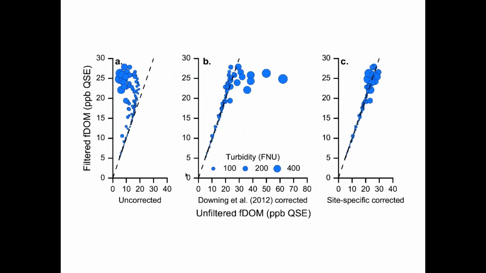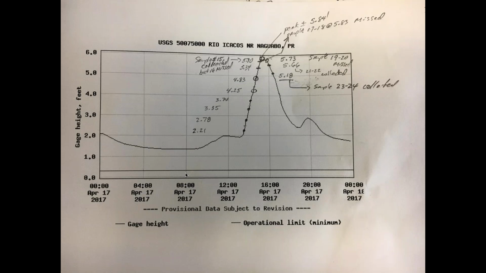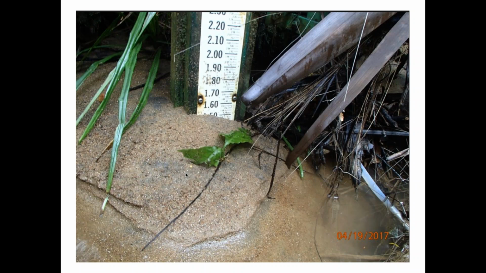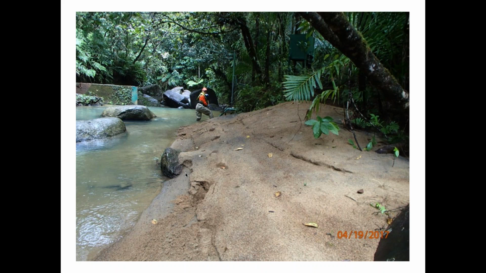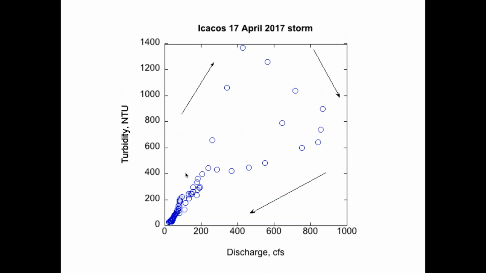For the same discharge, how large was the concentration difference? What was the biggest difference between, say, rising and falling limb? Yeah, factor 3 about. Okay. Well, if you just draw a vertical line through the center of the plot.